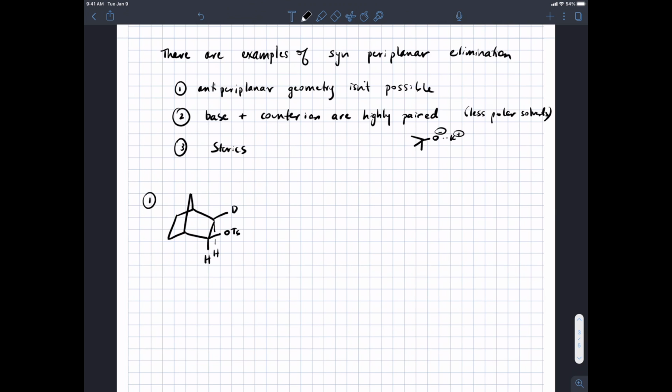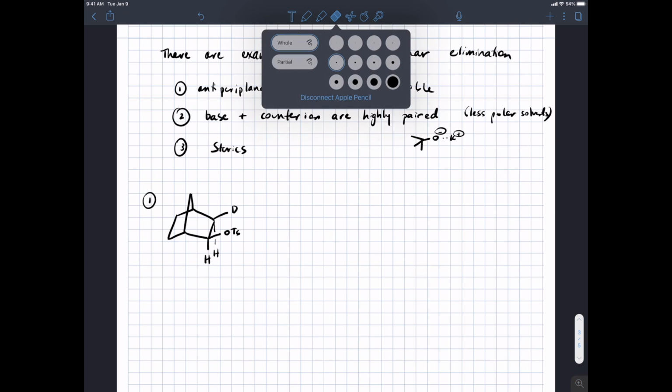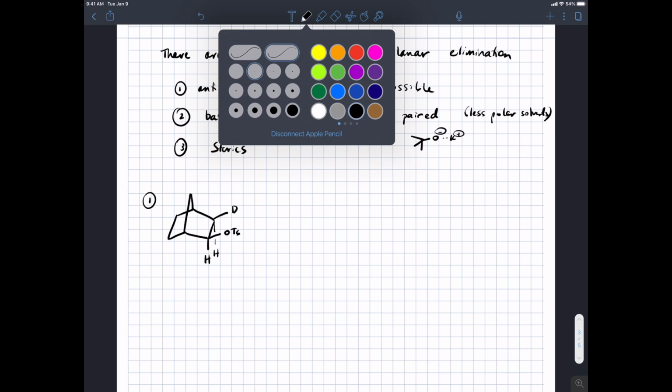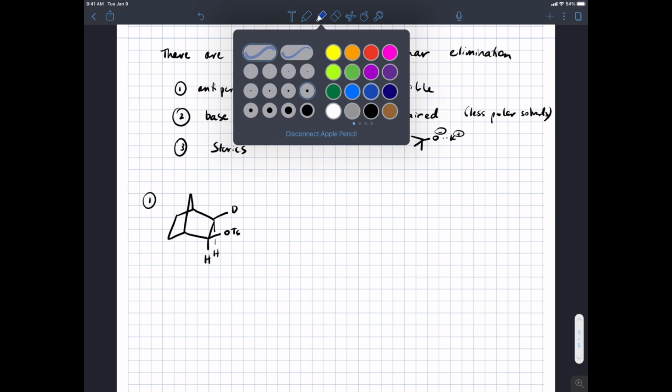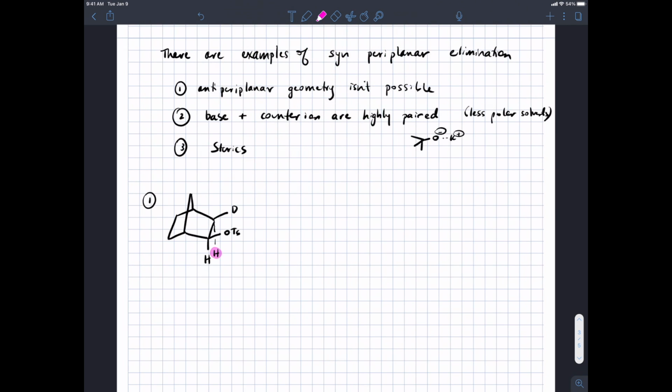The geometry of this ring makes it so that this down proton on the beta carbon is trans to the leaving group, but it can never get anti to the leaving group just because of the ring constraints. In contrast, the proton that's cis to the leaving group lines up with it directly.